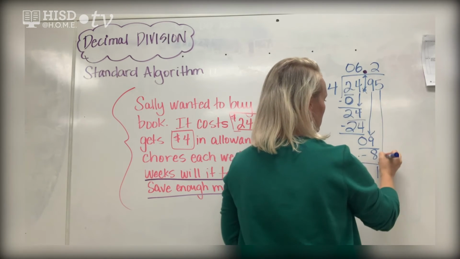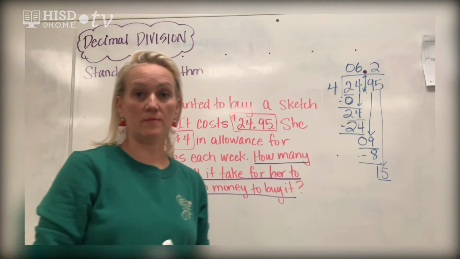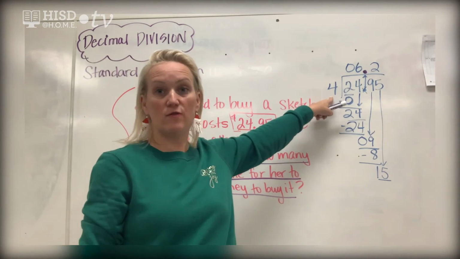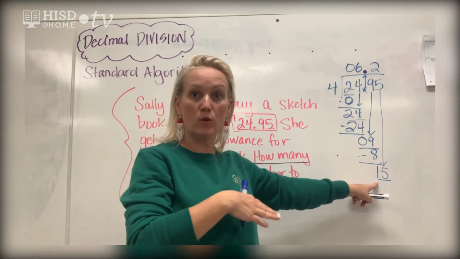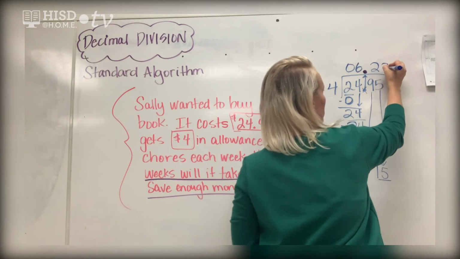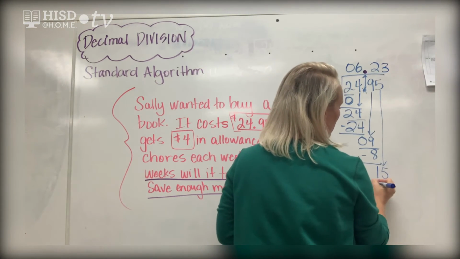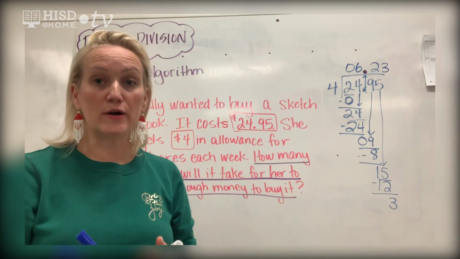And I'm going to bring down the 5. And my new number is 15. How many groups of 4 go into 15? 4, 8, 12, 16 would be too big, so it would be 3 groups of 4 is 12. And once again, we are stuck with a remainder.